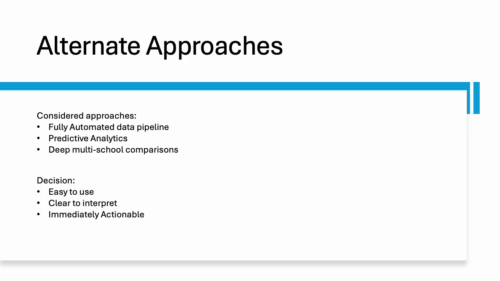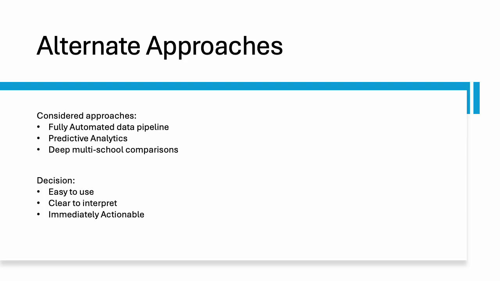Before we go into the app, I want to address some alternate approaches. I did consider more advanced options like a fully automated data pipeline, and predictive analytics, such as how students might perform based on what region they are in or their academic performance.